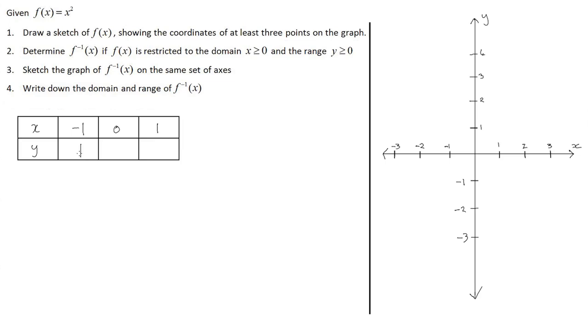If x is 0, then my y value is also 0. Then the last one, 1. If x is 1, then of course my y value is 1. So now I have 3 points which I can use to plot.